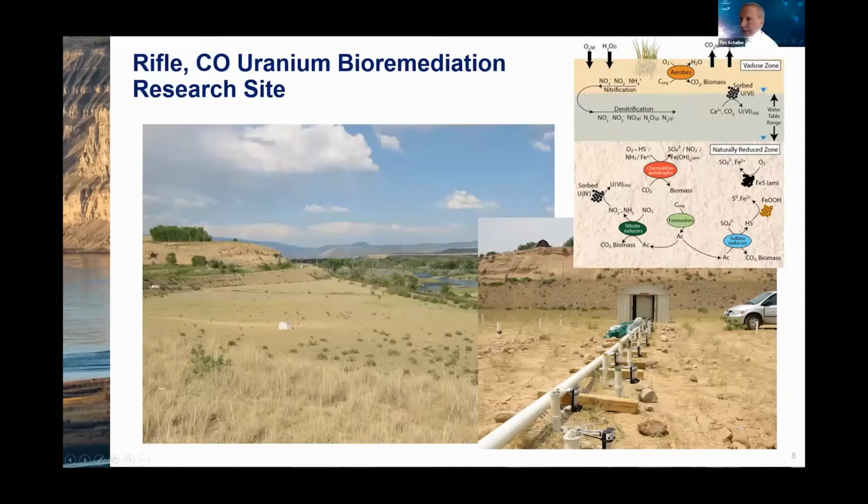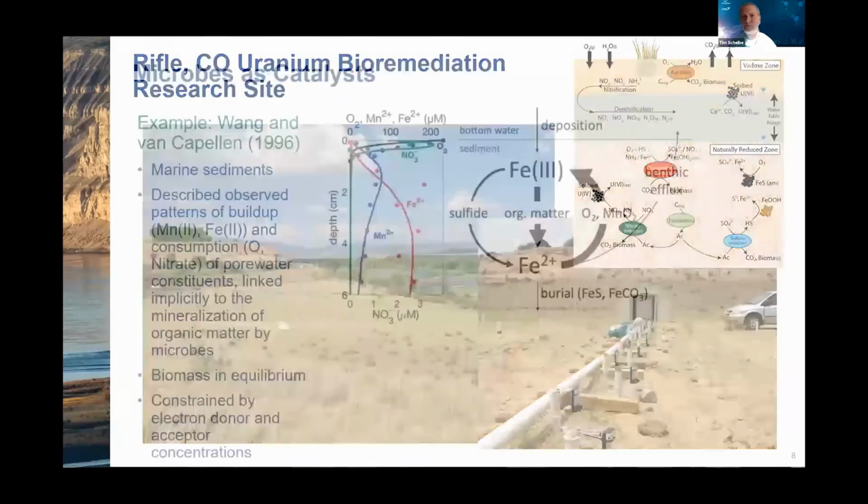And so we can have the entire redox ladder from aerobic respiration through denitrification, iron reduction, sulfate reduction, ultimately all the way down to various other reactions that occur in the process. Very often uranium is also reduced, as I mentioned. So these are some of the processes that need to be incorporated into our reactive transport model.